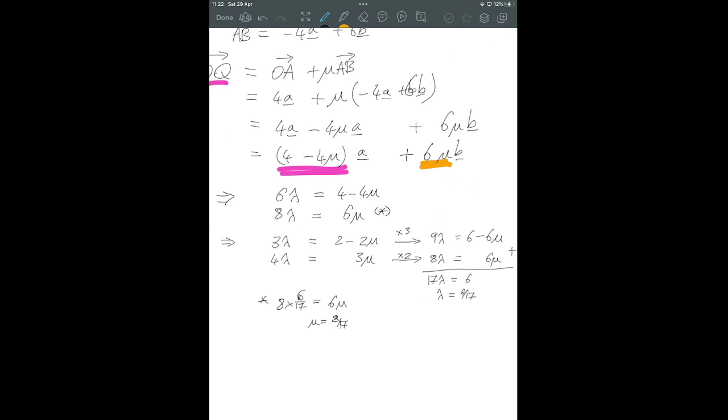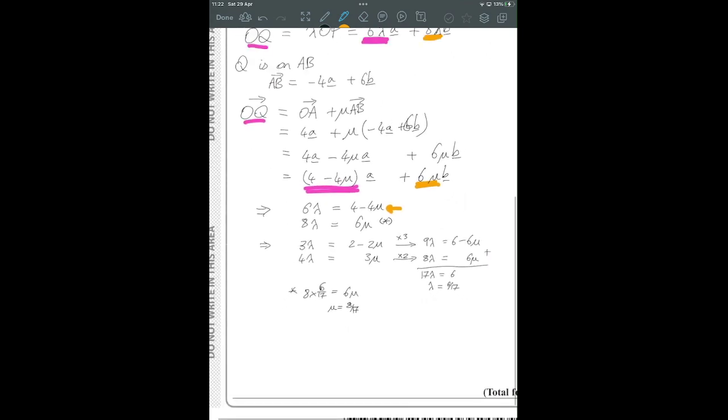I'm not really happy that they look right, so I'm going to check in the other equation. I'm going to sub back into this one just to see if it works. 6 times 6 over 17 for the 6 lambda is 36 over 17, and 4 minus 4 lots of 8 over 17, and I'm a little worried that this is, oh, it is 36 over 17 as well. A little worried that I might get a negative there, but both sides match up. These are the correct mu and lambda.